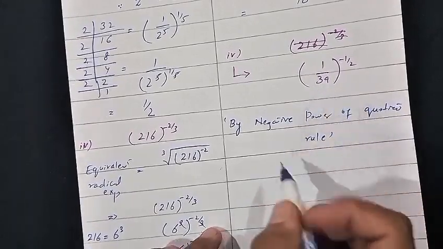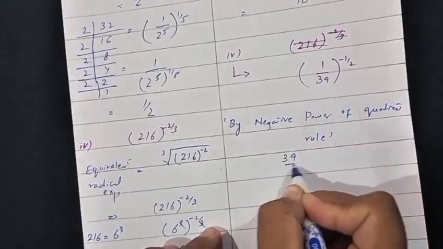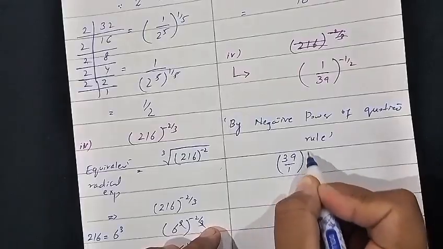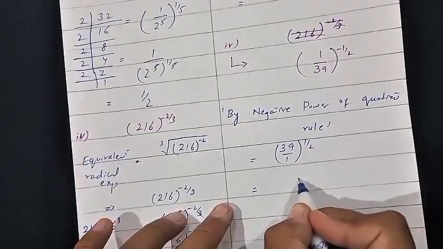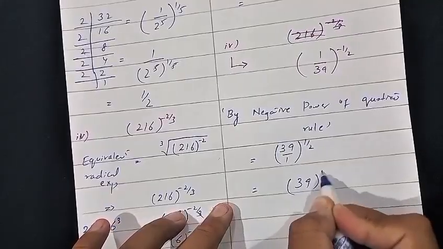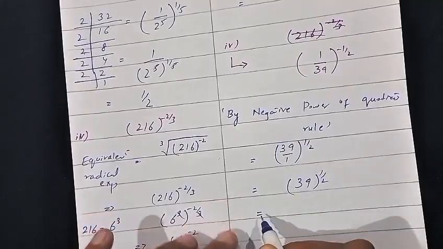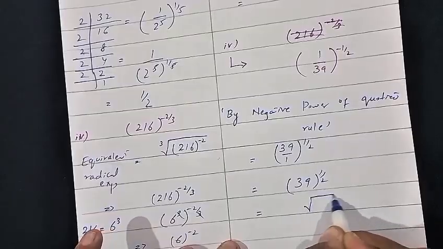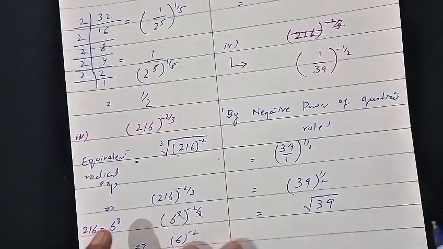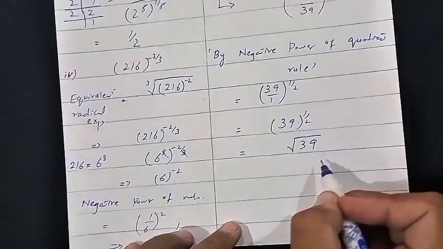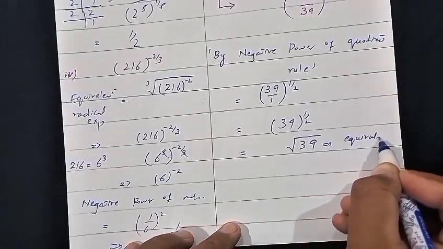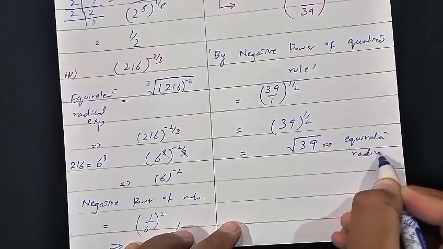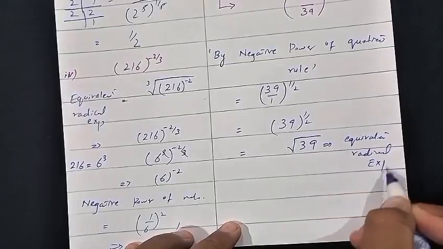Here I make the denominator the numerator and the numerator the denominator. Now the power becomes positive, that equals 1 by 2. So we write it as 39 power 1 by 2, that equals square root of 39, which is the equivalent radical expression. So this is the final answer.